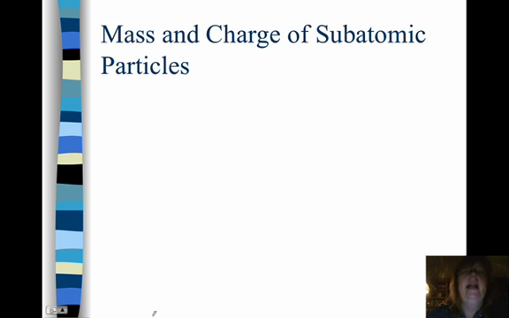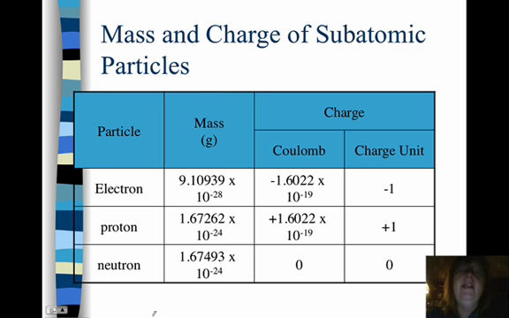All right, now when we're all done with this history unit, this is what I really want you to come away with, besides understanding those very elegant experiments which led to the discovery of the proton, electron, and neutron. First of all, the electron's mass is very, very small. It's about 2,000 times smaller than the proton and the neutron.